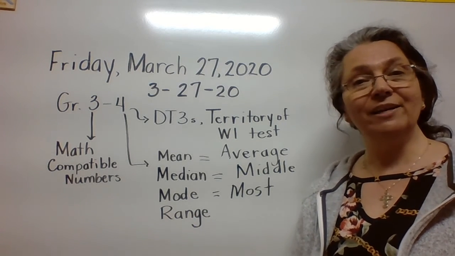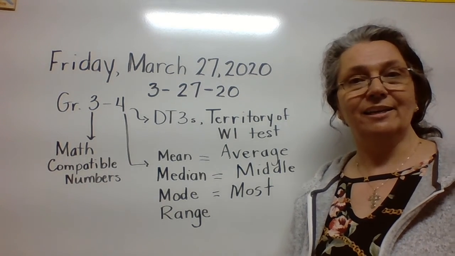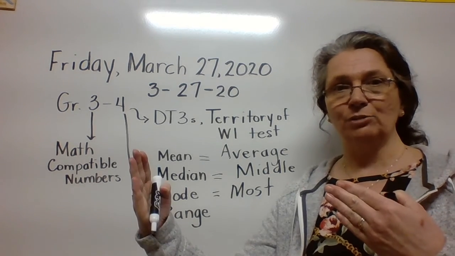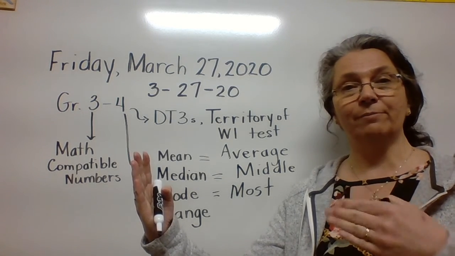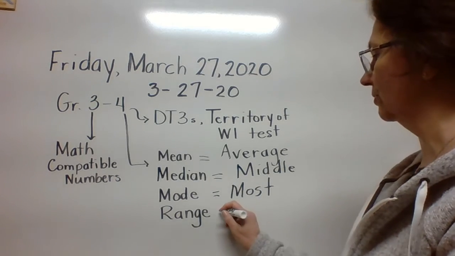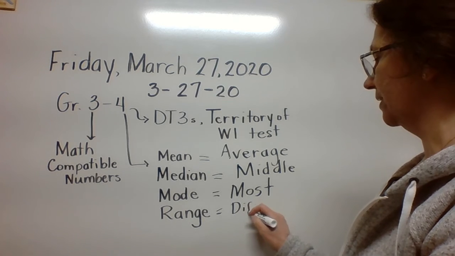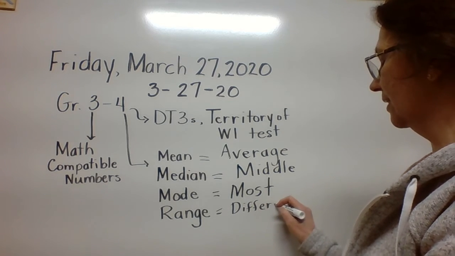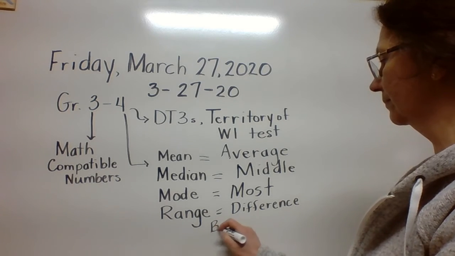And our last one is the range, okay? The range is just how much between your very highest number that you have in your set of numbers and your lowest. So what's the difference between the highest and lowest number? So your range is the difference between the highest and lowest.